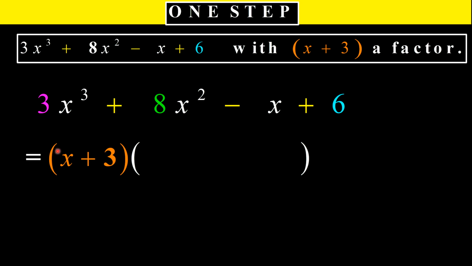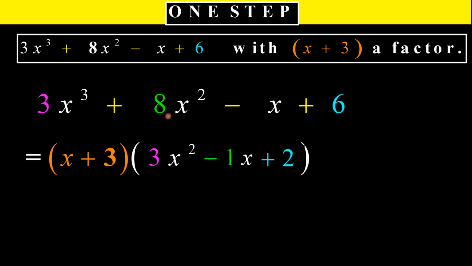So x times what gives me 3x cubed? That's 3x squared. Then 3 times what will give me a 6? That will be my plus 2. I've got a 9x here. You see there's a 9, and I've got an 8. What must I do with 9 to make it an 8? You just subtract 1.